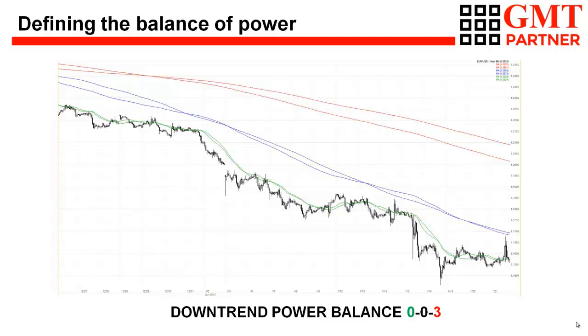It should be noted that the fact of the presence or absence of the swings in the direction of the downtrend is defined by the close prices of the hourly candles. So, at any point on the downtrend, the balance of power of market participants will look like the following expression: 003.